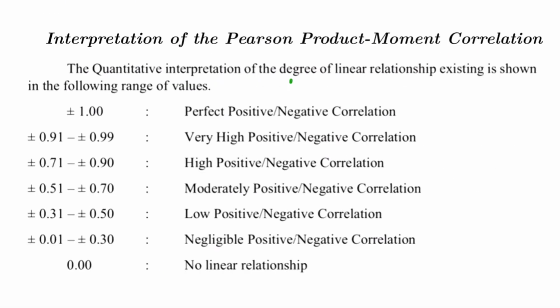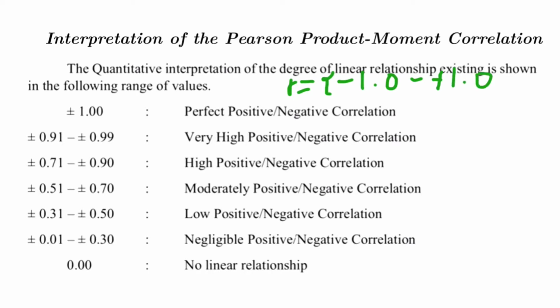So, interpretation of the Pearson product moment correlation. We have here the quantitative interpretation of the degree of linear relationship existing, shown in the following range of values. Para makuha natin yung interpretation na yan, ang computed value ng R natin ay nagre-range from negative 1.0 to positive 1.0.